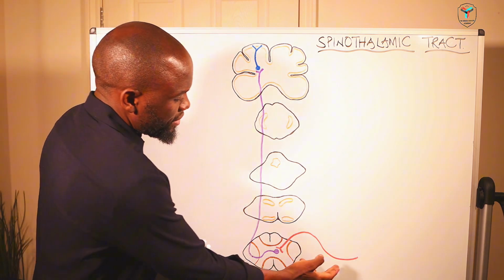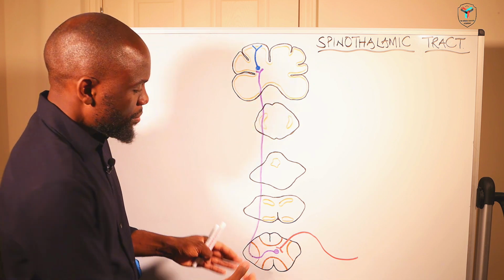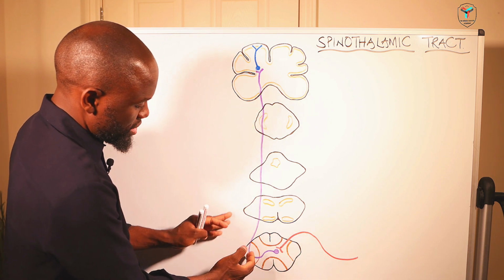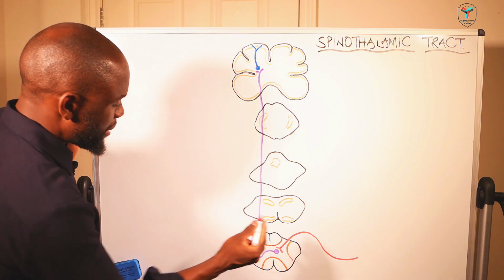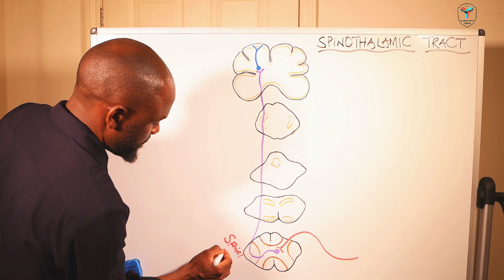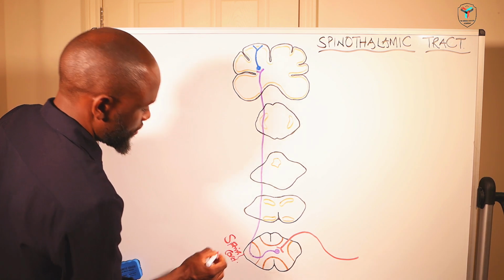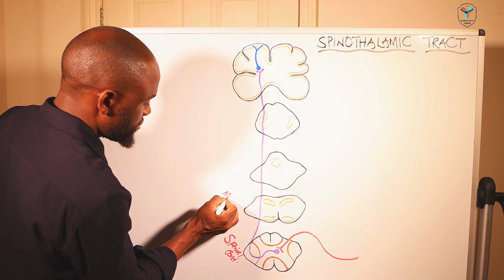So what we have here is, in red we will have a first order neuron, but before we label the neurons here, this here is going to be a spinal cord. So we will have the spinal cord here. From the spinal cord, we will move all the way to the medulla.